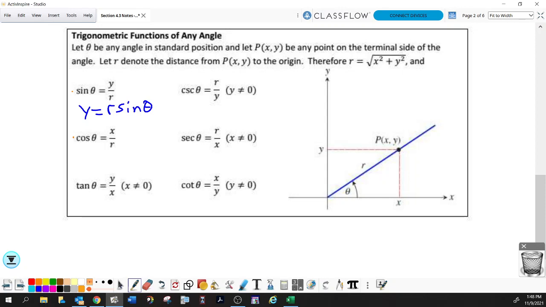And for cosine theta being x over r, if you multiply both sides by r, you get x equals r cosine theta. That means that every single x comma y point, no matter where it is in the xy plane, could be written as r cosine theta comma r sine theta.